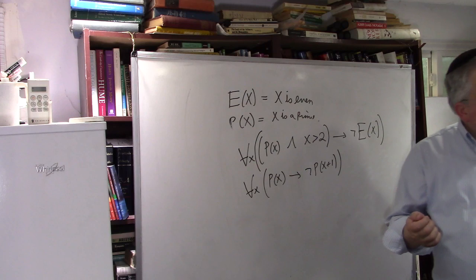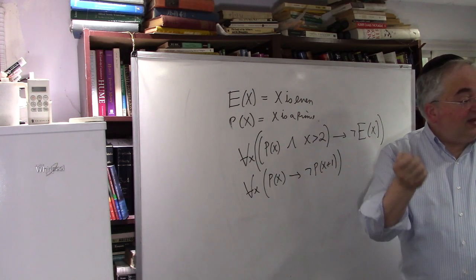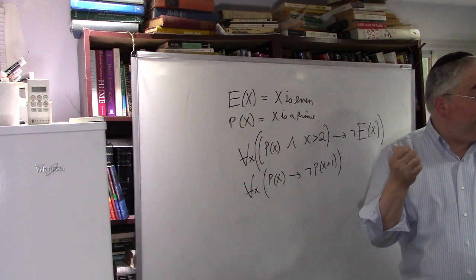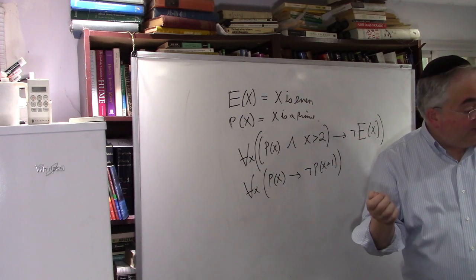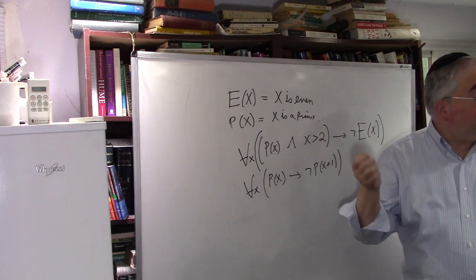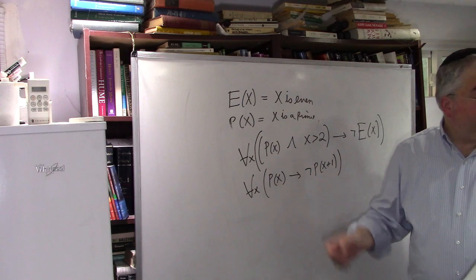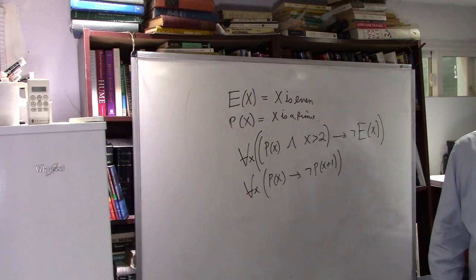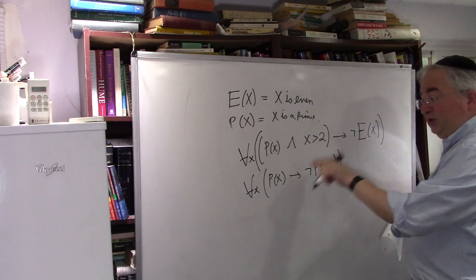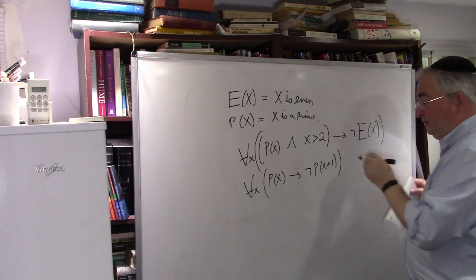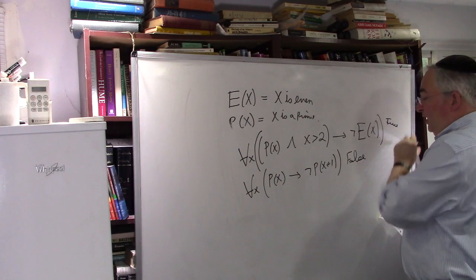Makes sense, because if you're prime, you're an odd number, and the next one is going to be an even number. 11 is an odd number, the next one is 12, an even number, so it's not going to be a prime. This is almost true. Why is it not true? Because there's only one time where this is false. So this is a false statement.